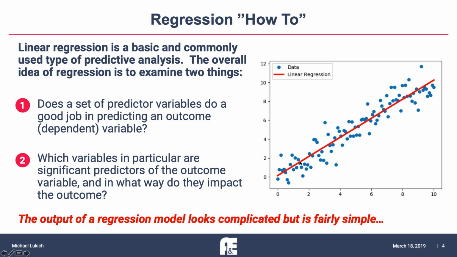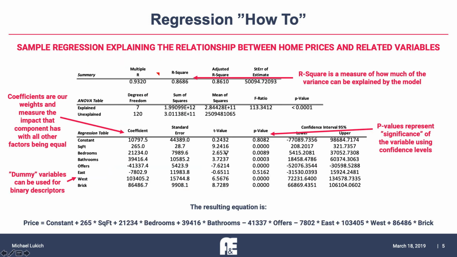All a linear regression model is doing is applying a straight line trend line to this, and then figuring out what is the actual equation that creates that trend line, based on the data that we actually have. Once we have that equation, we can then use it to apply to future scenarios and predict where the EV of that other scenario would actually sit on this plot. So while the output of that regression model looks complicated, it is fairly simple.